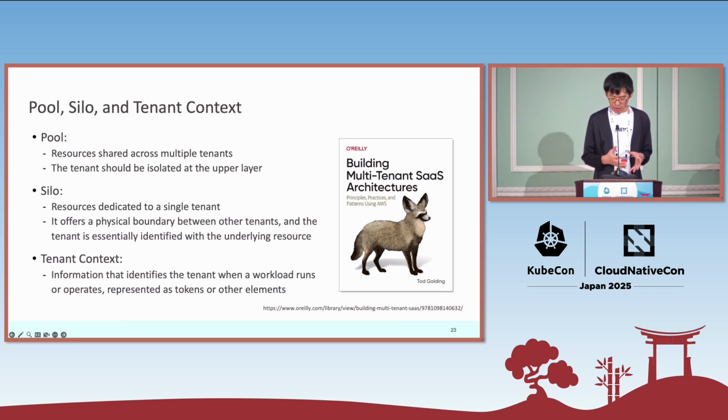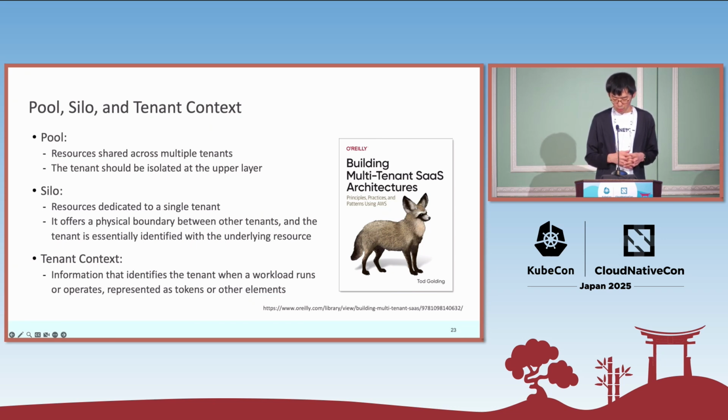In this book, we can see three concepts of multi-tenant architecture: pool, silo, and tenant context. In the pool model, multiple tenants share resources with isolation happening at the application layer. And the silo means each tenant has dedicated resources, providing stronger isolation with clear physical boundaries.